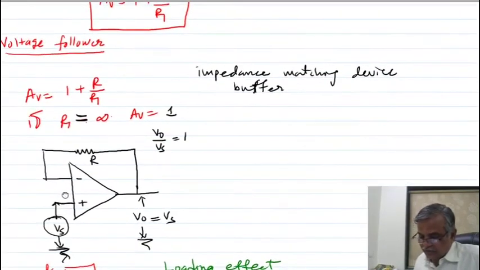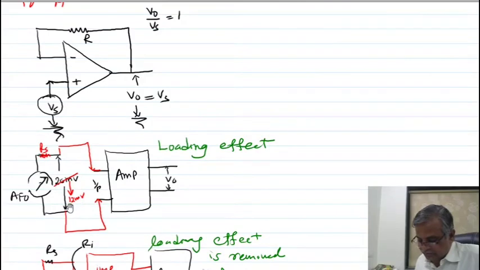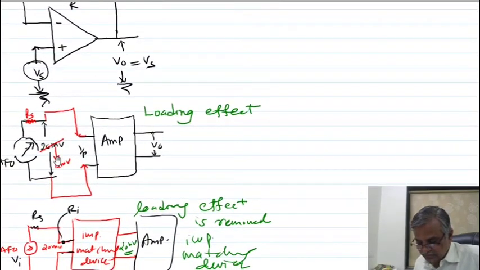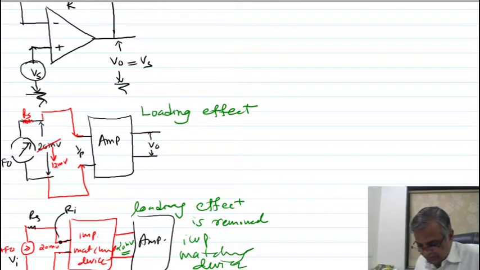See, here I use the words: voltage follower can be used as an impedance matching device. So what is the impedance matching device? Here I am giving one example. Suppose you want to give 20 millivolt to some amplifier. So you have adjusted 20 millivolt before connecting the AFO to the input. You have not connected this. You adjust 20.